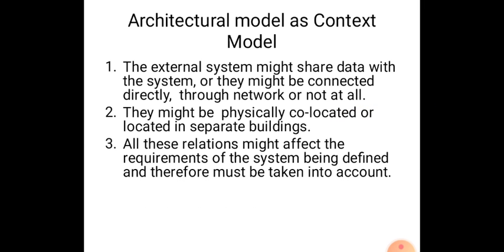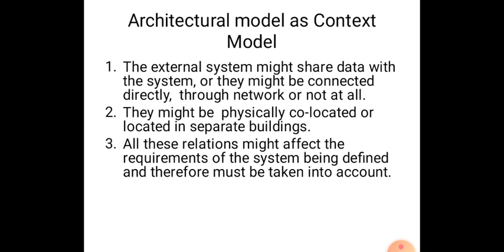The external system, point number 1, might share data with the system, or they might be connected directly through a network or not at all. So students, the external systems which are outside the scope of our present system may share the data or they might be connected directly or through the network or not at all.